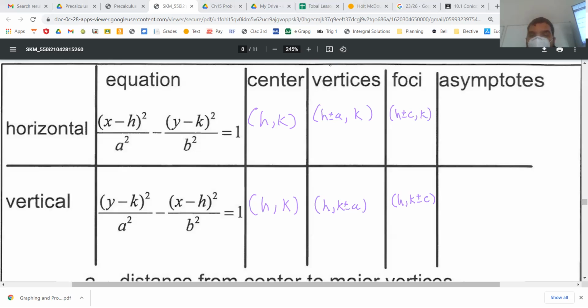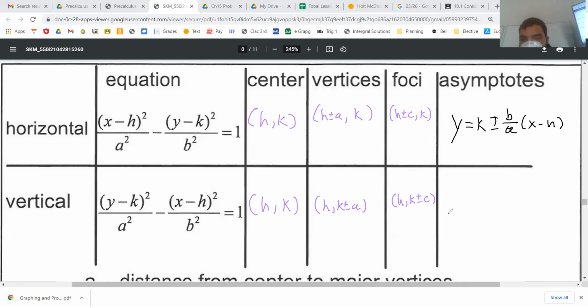Now, this one I would say is probably the most difficult formula to remember because it's the most unique. This one is the asymptote, which is that diagonal line I was trying to show you earlier with the box. So that diagonal line is Y equals K plus or minus B over A, X minus H. I told you, this is the most awkward one because it's very unique.